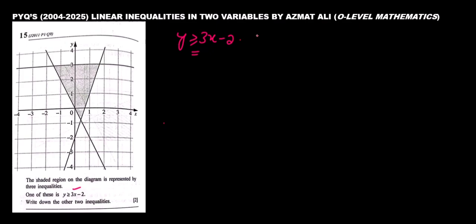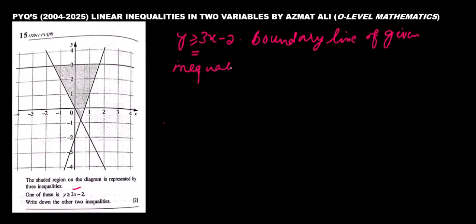So firstly, we will write the boundary line of the given inequality, also called the associated equation. The associated equation of the given inequality is found by simply replacing the greater than or equal to sign with just an equal sign: y is equal to 3x minus 2.